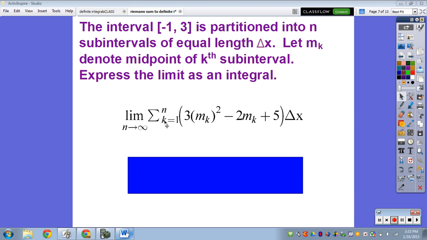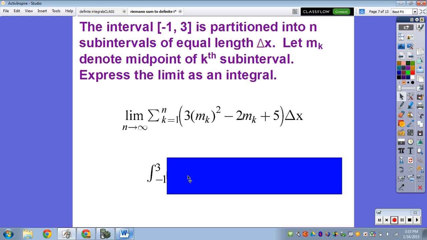Our first index is 1, and then n would represent the number of the rectangles, but in this case we want infinite number of rectangles, so that's why it's indicated as n and not a number. And then here we have our f of x sub k, and then delta x. And so my integral would look like this.